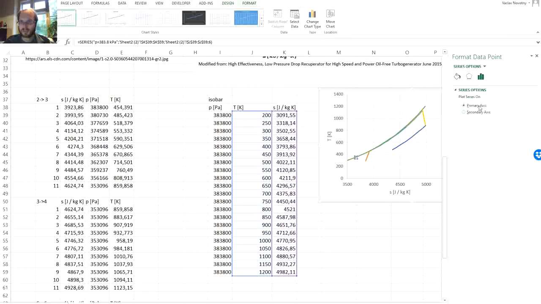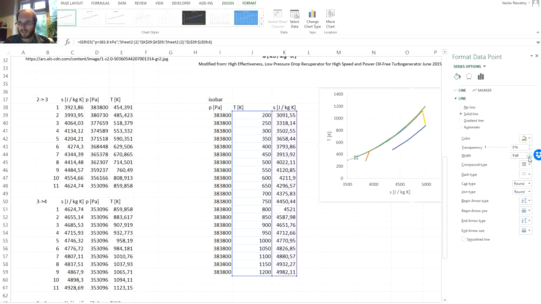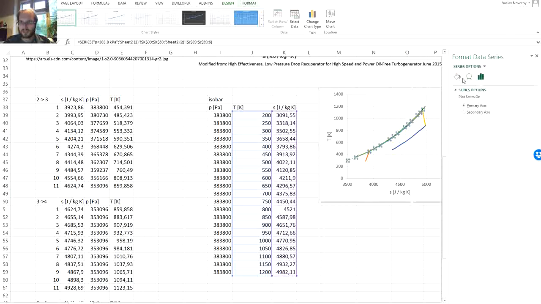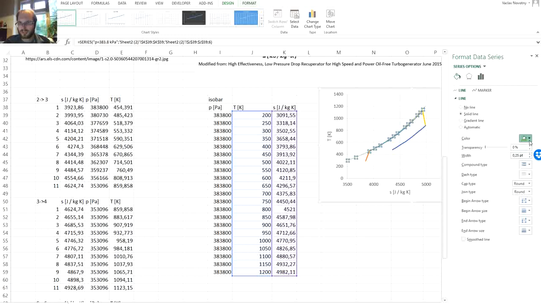And so that it looks better, let's get a much thinner line. Okay, I did not have it all selected. Let's get the line thinner with some neutral color.